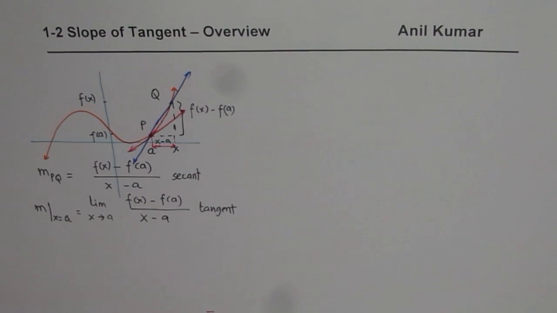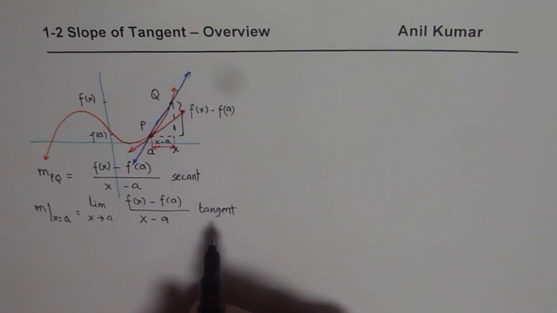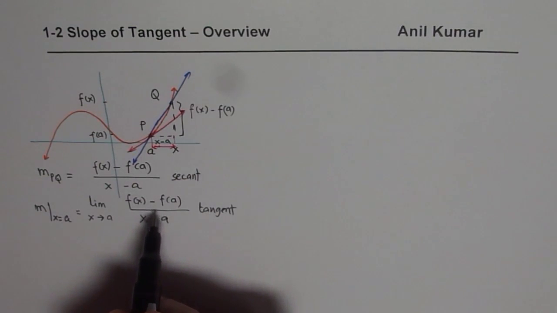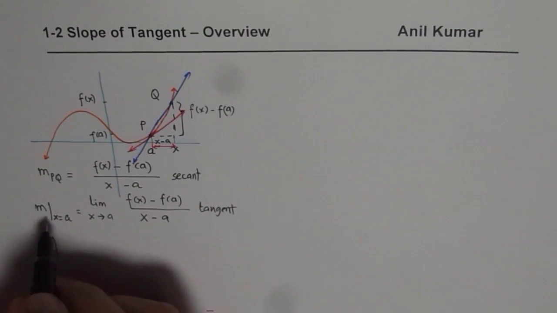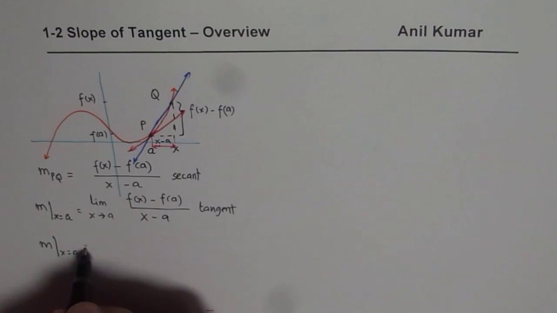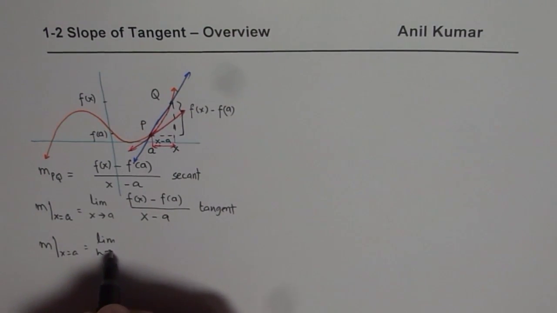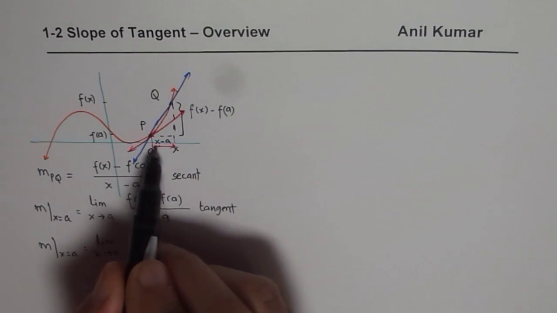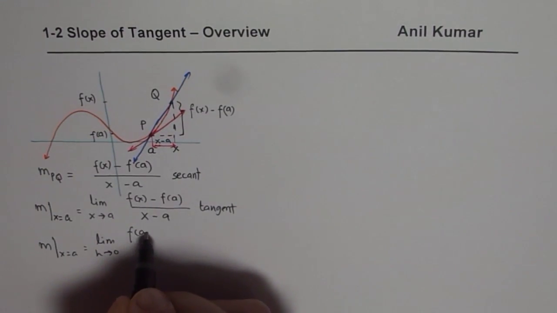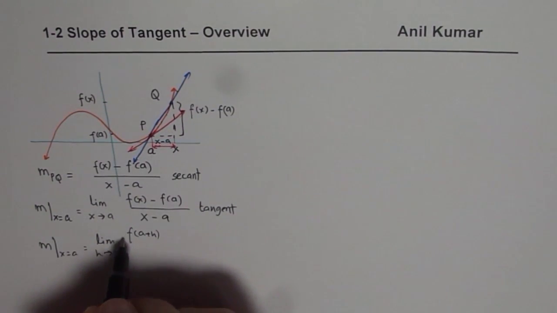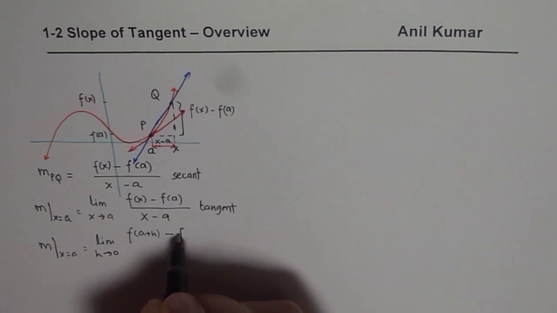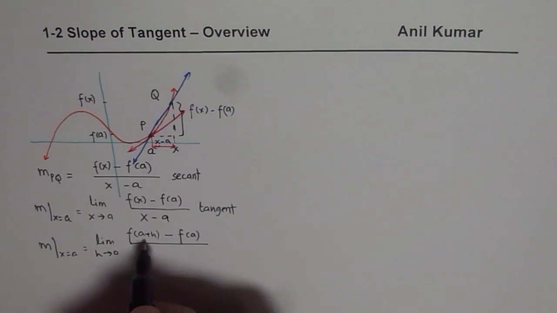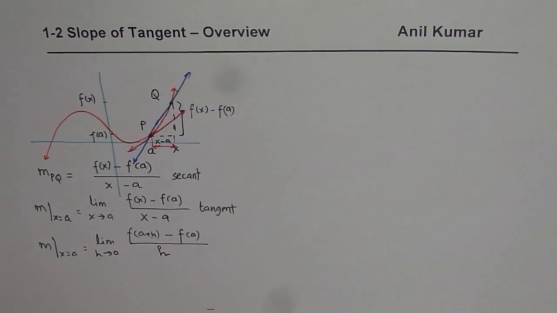That is one of the definitions which we have learned in this particular chapter, and we have seen how we could write this in different ways. This is also called the difference quotient. We could also write the slope at x equals A as the limit as h approaches 0, where the other point is h units away from A. So the x value is A plus h, f of A plus h becomes the y value, and f of A is the y value at A, divided by A plus h minus A, which is h.